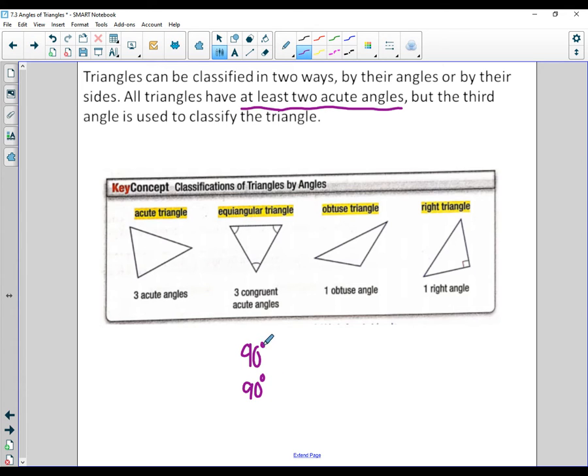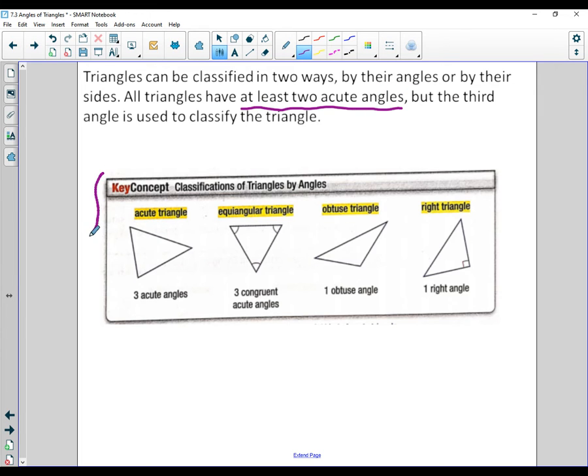If I choose even the smallest one possible, two non-acute angles, 90 degrees, that already adds to 180 degrees, right? So any other angle I put here goes past 180 degrees. That would make it 210 degrees. So you can't make a triangle out of these angles. So we need at least two acute angles, but then the third one determines what kind it is.